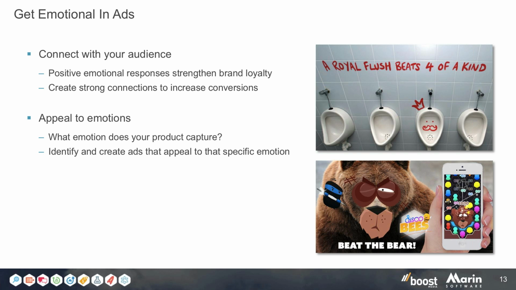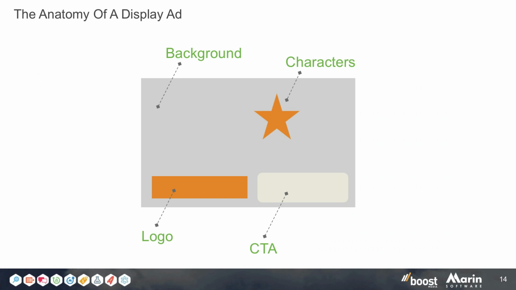I love the first one, a royal flush beats 4 of a kind, implying it's a poker ad, but it's actually an ad with urinals in it. This ad did really, really well for one of our customers. And then the other is Beat the Bear. It's similar to the one you saw earlier, where we're showing the bear getting beat up in the game. It implies that it's more than just the traditional matching 3, 4 in a row games that you're used to playing.